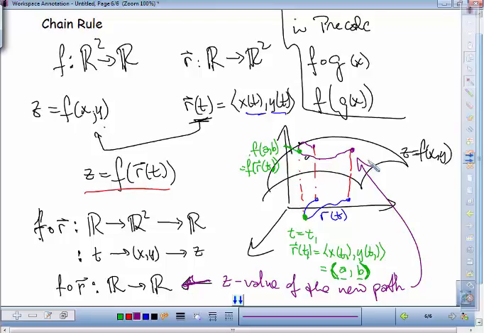It's controlled by the x and the y in the domain and the curve, and then the z of the function.